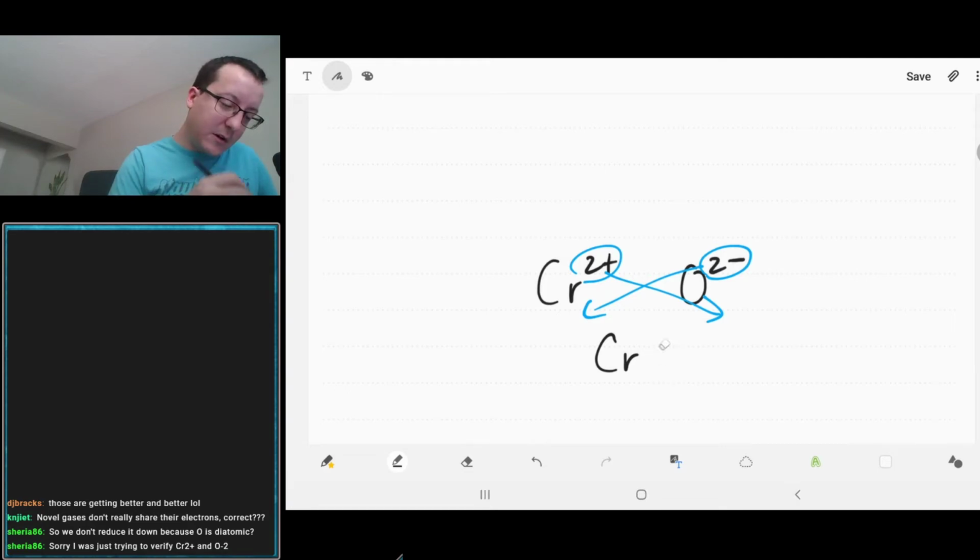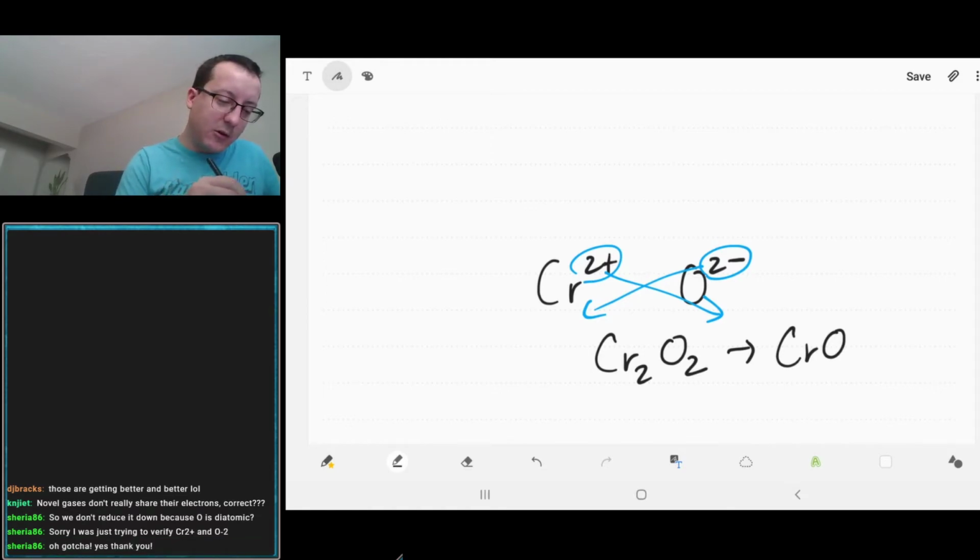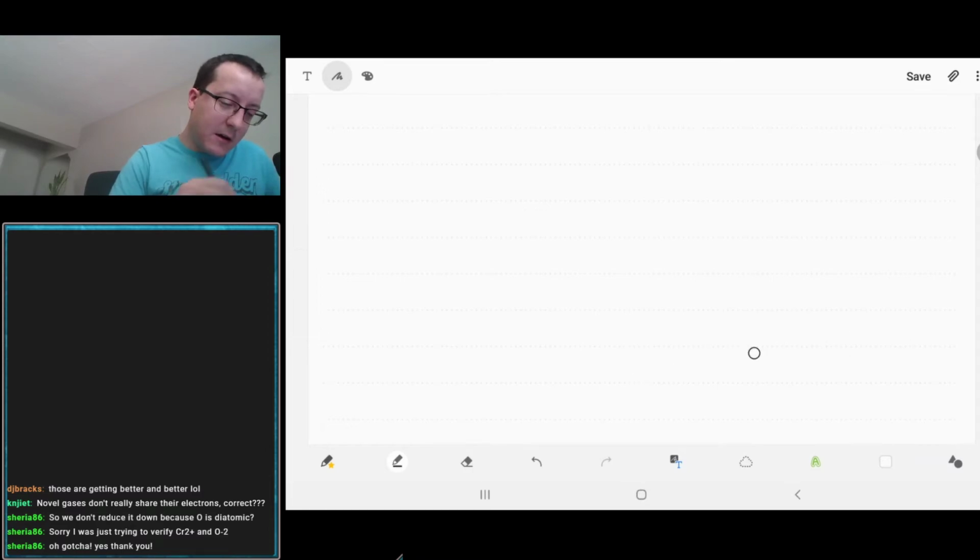So you would technically get this, but understanding that we don't have the polyatomic ion here, that just becomes CrO. Is that what you were asking? Just wanted to make sure. Okay, cool. In that case, this is going bye-bye.